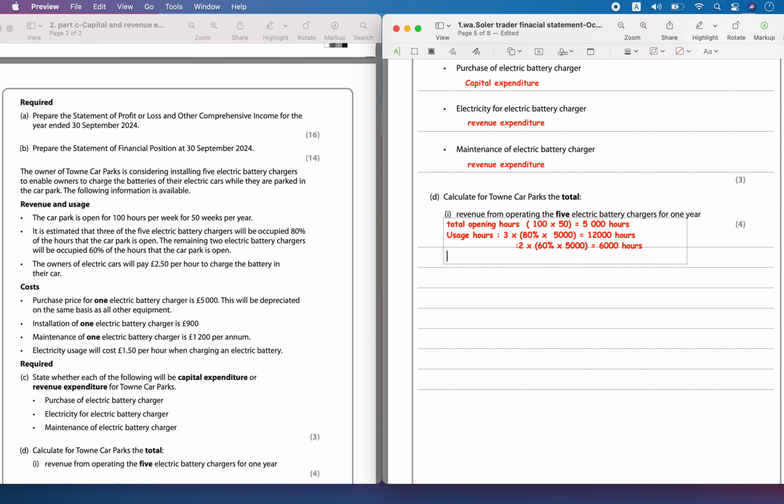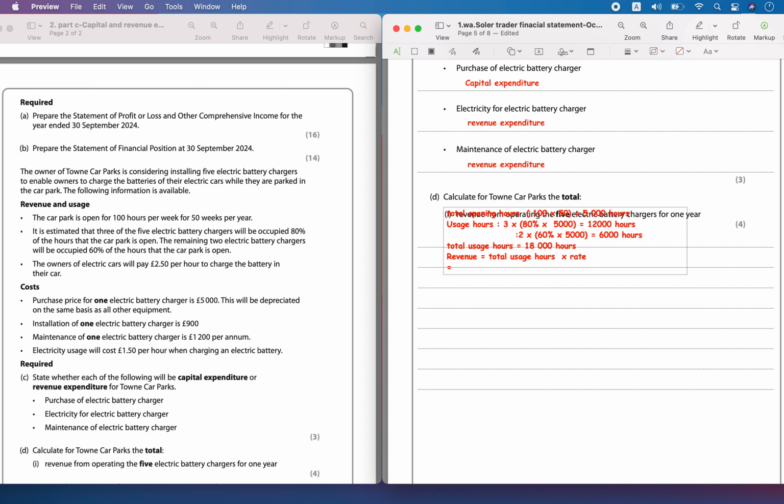Now let's add up the total usage hours: 12,000 plus 6,000, so 18,000 hours of usage. Now we have to calculate revenue. Revenue is equal to total usage hours times the selling price he is going to charge the customers, which is the rate.